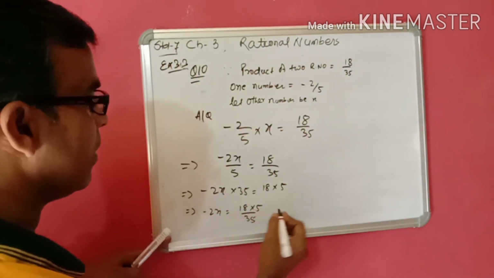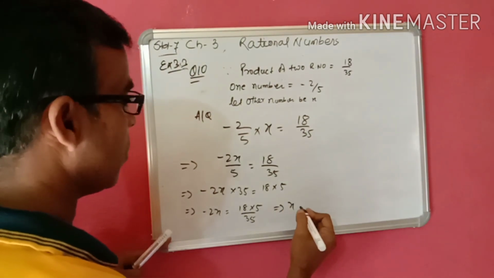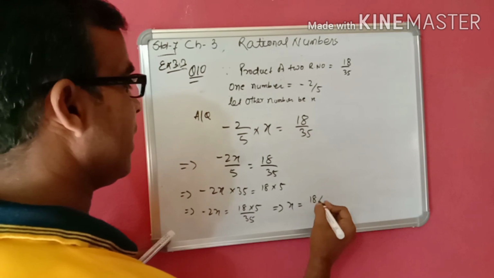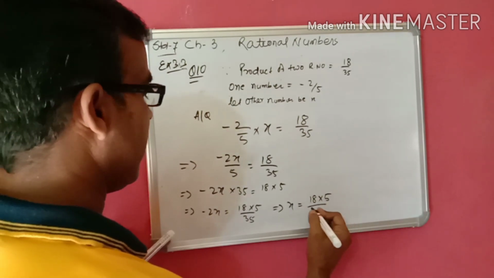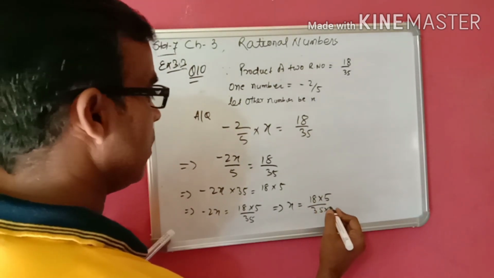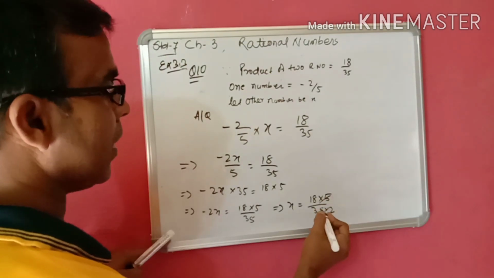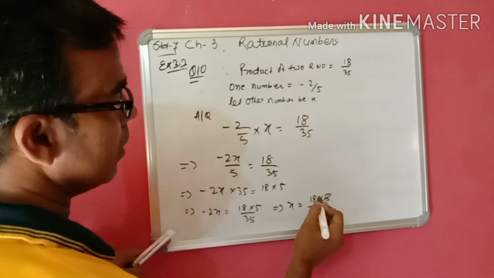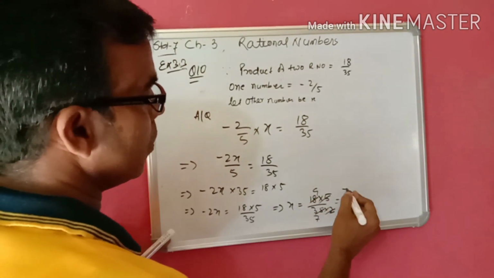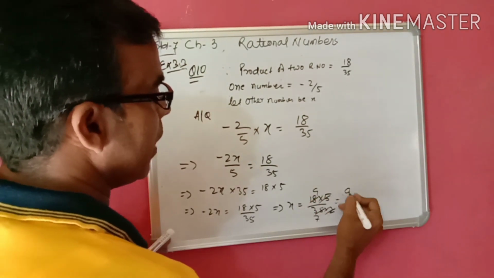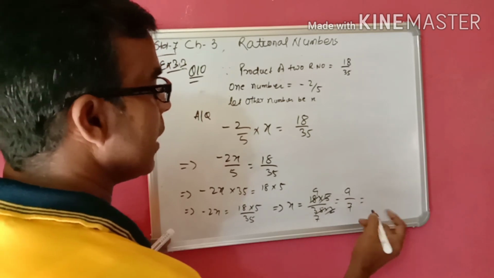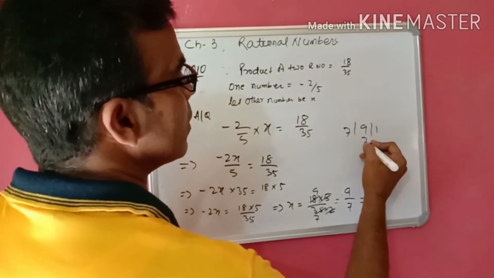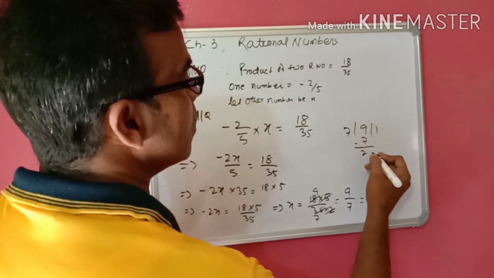This implies that x equal to, I can write, minus 18 into 5 by 35 into 2. This is 5, 5 7s are 35. This is 9. So x equal to minus 9 by 7. 9 by 7 means 9 divided by 7, 7 ones are 7, the remainder is 2.